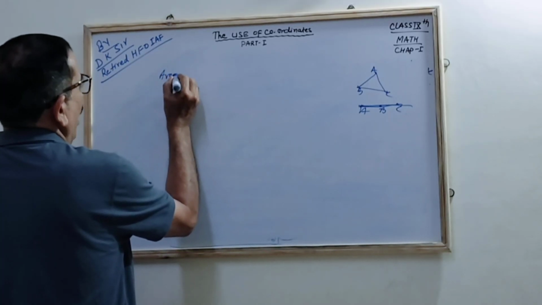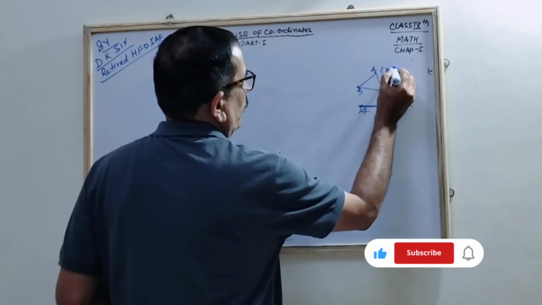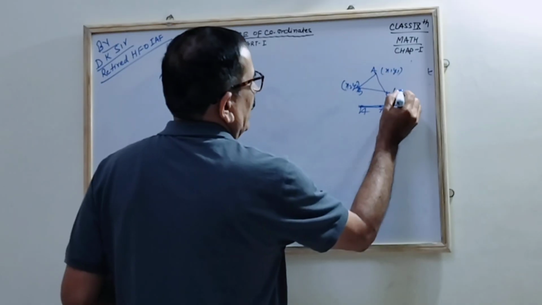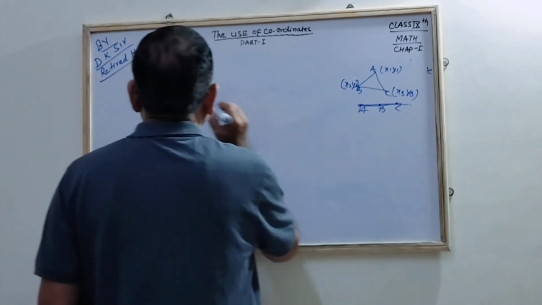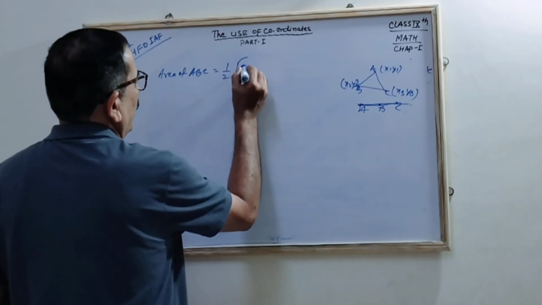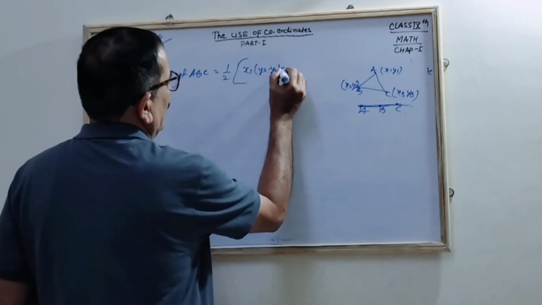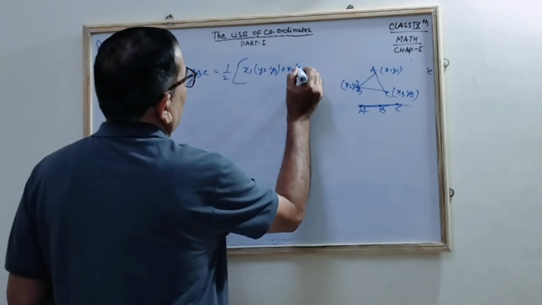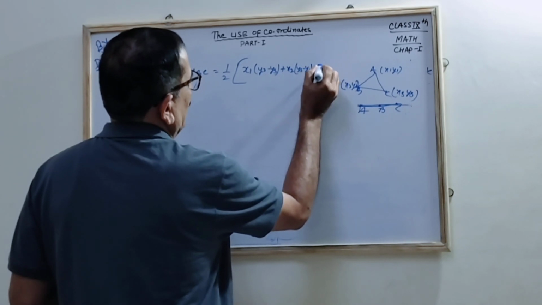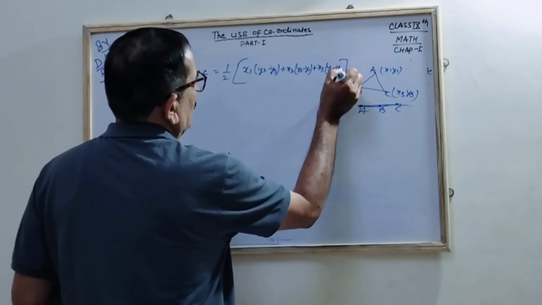The area of ABC, with points x1 y1, x2 y2, and x3 y3, is half into x1 into y2 minus y3, plus x2 into y3 minus y1, plus x3 into y1 minus y2. Correct? This is the formula.